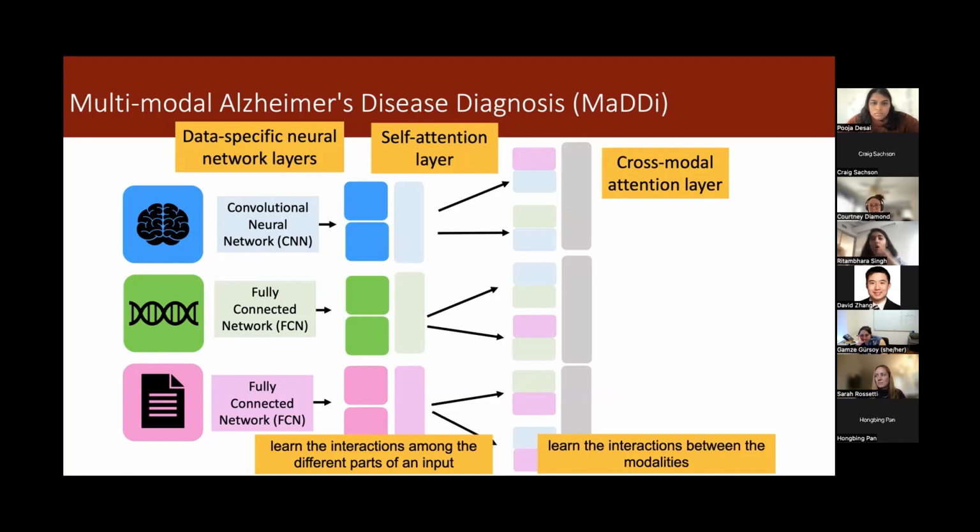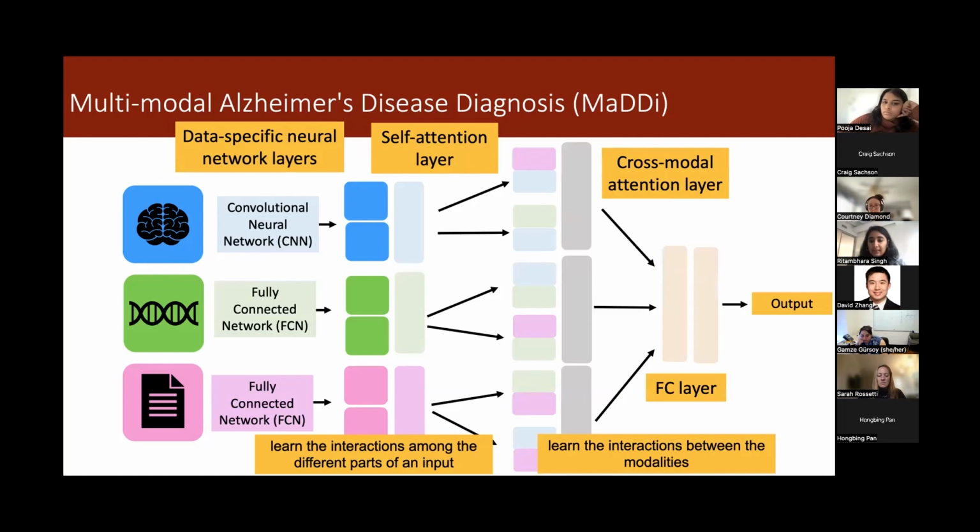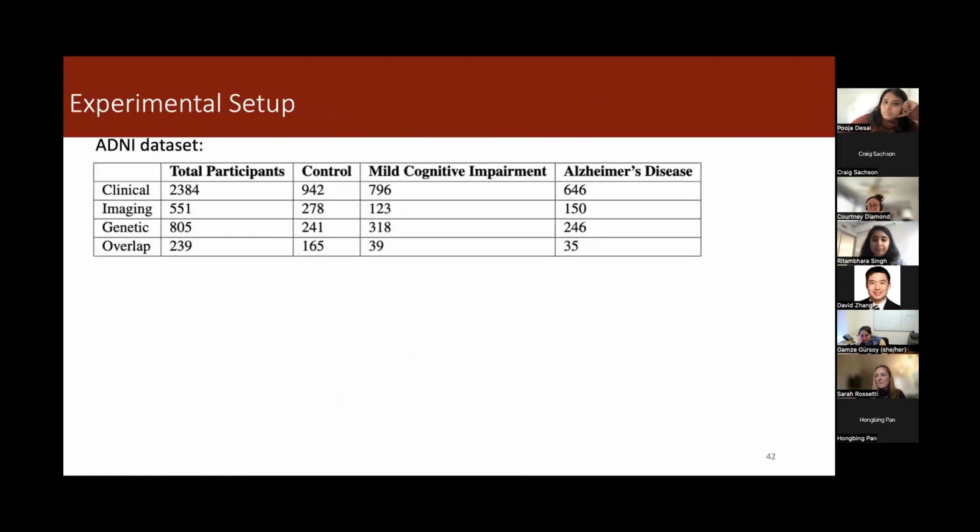So instead of looking at all possible interactions all the time, the model over time can try and focus on only the most relevant interactions and propagate that information forward. So once we have the output from that, we put it all together, have a fully connected layer at the end, and we produce our output, which is basically classifying whether this patient is from the control group or the MCI group or the Alzheimer's diagnosis.